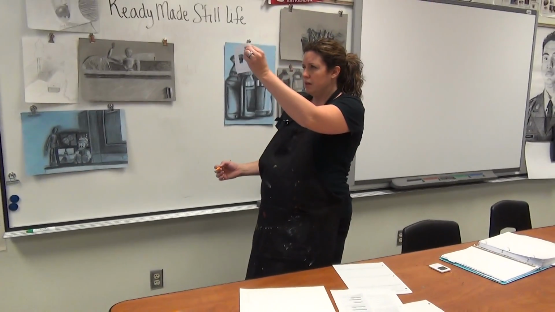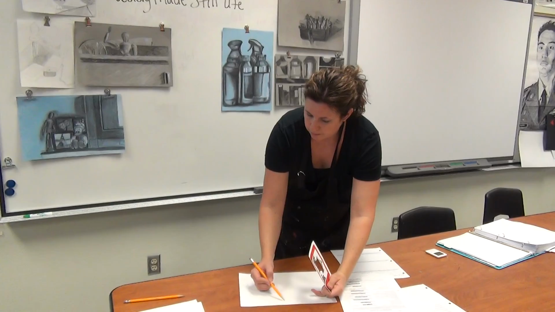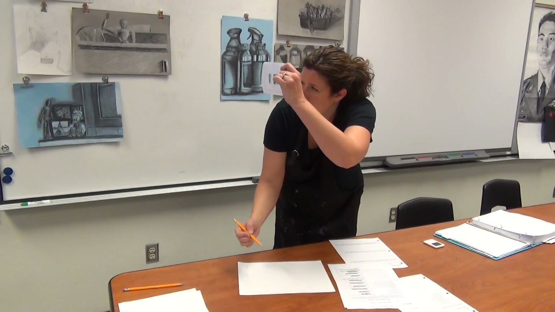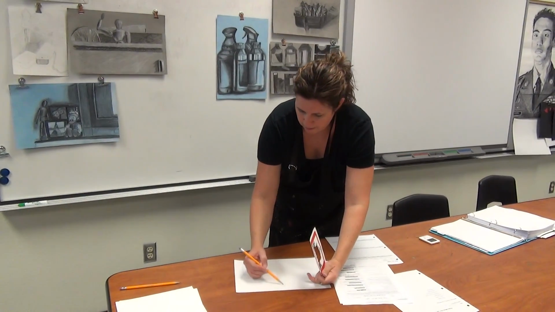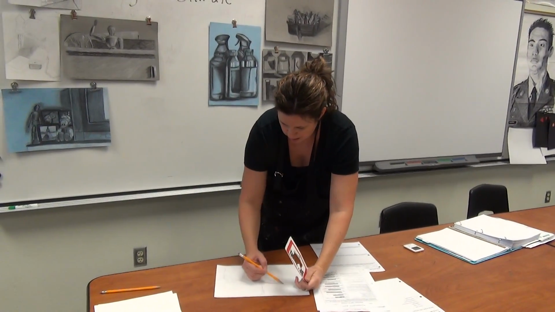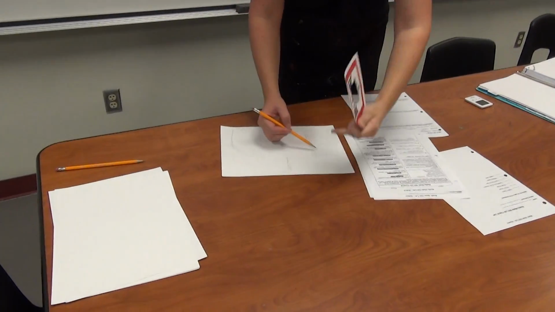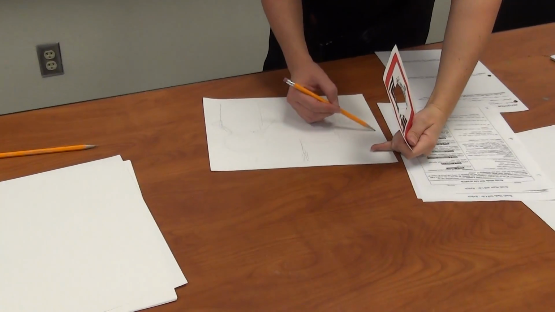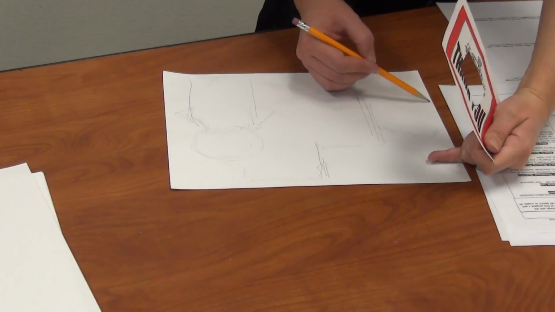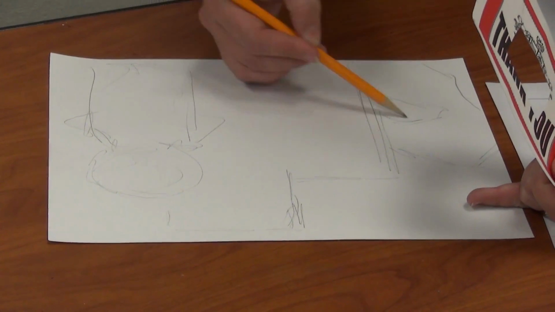Now this time I'm going to start closer to the edge. Okay, so there's my troll doll. There's my frame. And there's my mask. So now I know I can fit all 3 objects in.